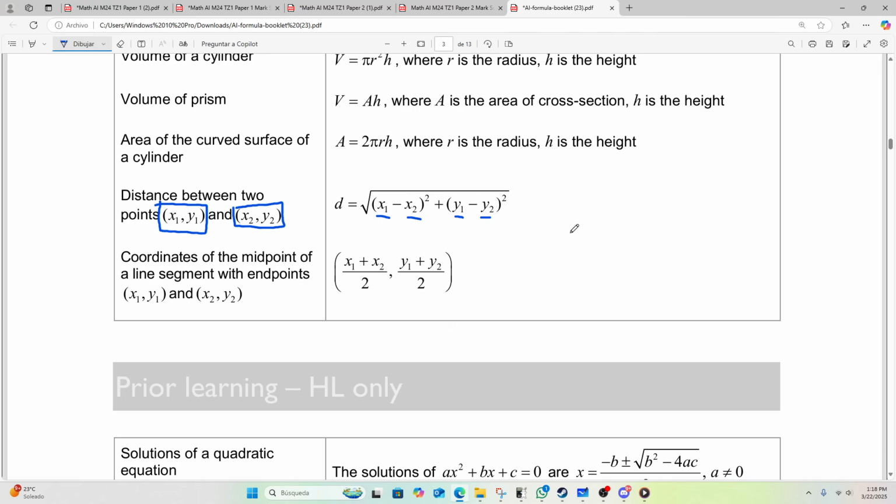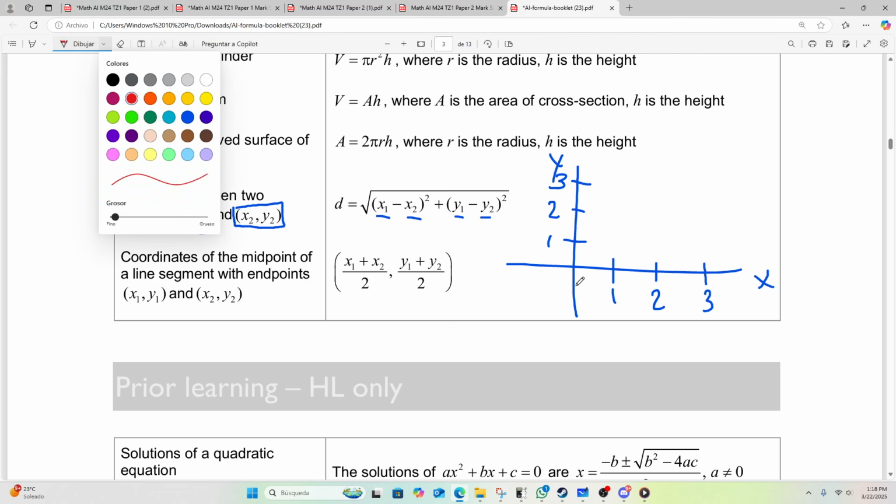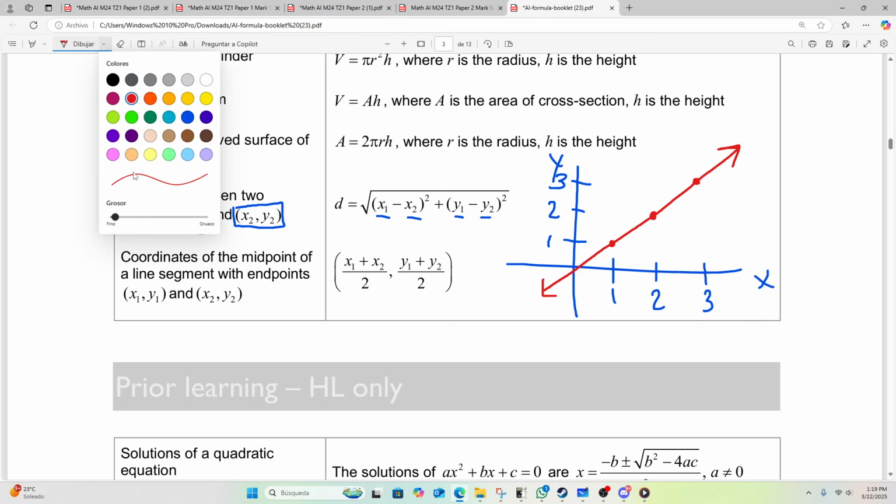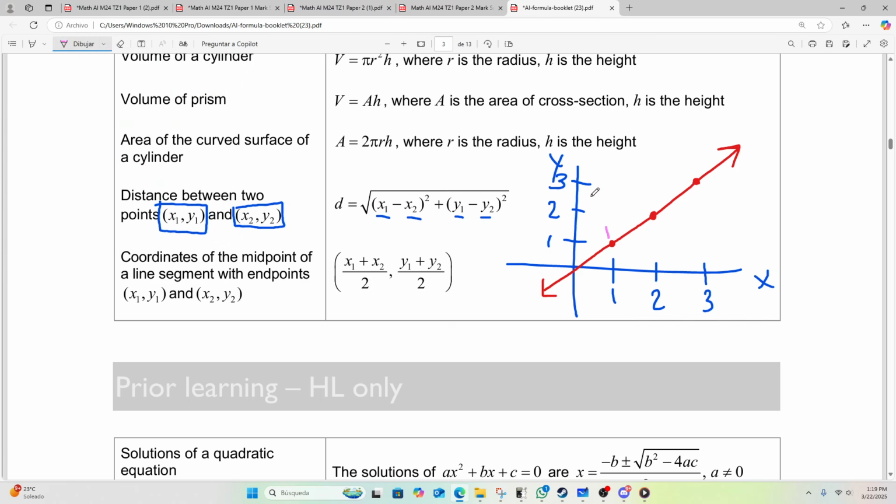Let's say I have a graph xy, and this is 1, 2, 3 on each axis. Let's say I have a line that goes like this. In this context, this first point is 1, 1. This next point is 2, 2, and this last point is 3, 3.